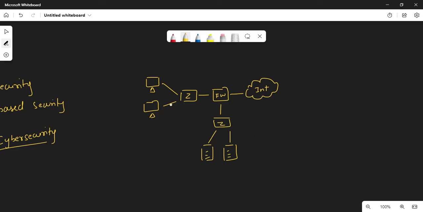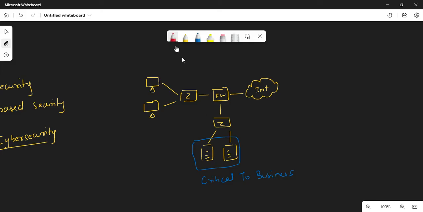Okay. So within your network, within your infrastructure, you have critical resources. Let's say these two servers are critical to your business, and you cannot afford any attack on these servers. I mean, your services should be up all the time.